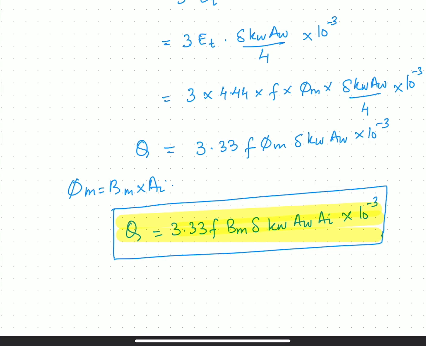So this is the equation for the output of a three-phase core-type transformer. All right.